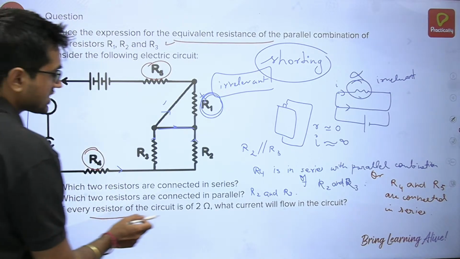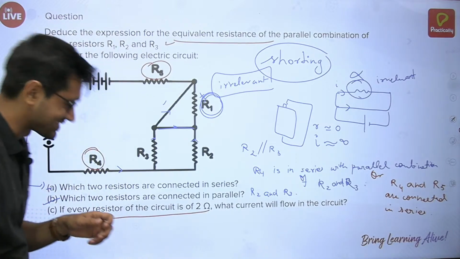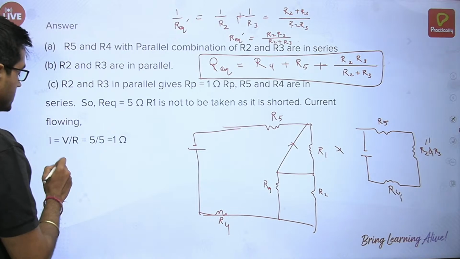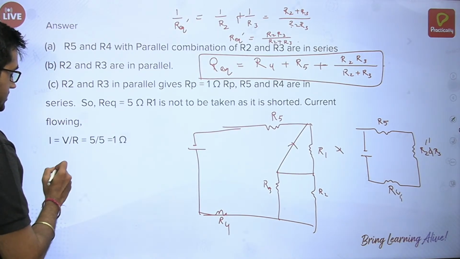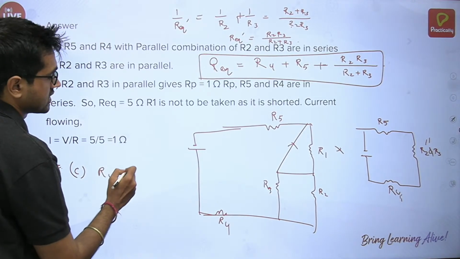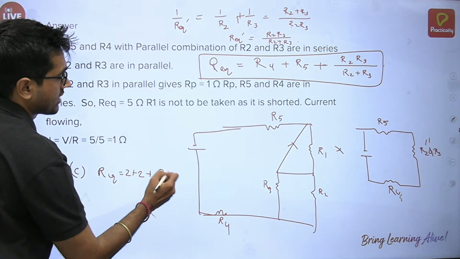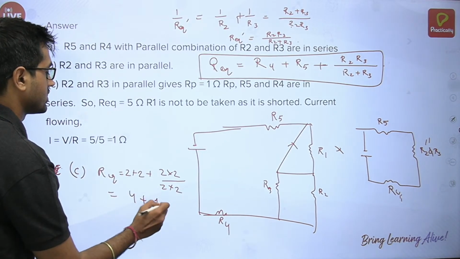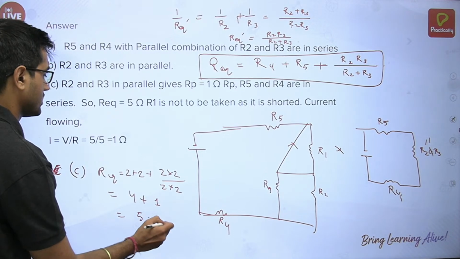Now, if every resistor of this circuit is 2 ohm, then the answer for part C is the equivalent resistance 2 plus 2 plus 2 times 2 by 2 plus 2. So this is 4 plus 1. This is 5.